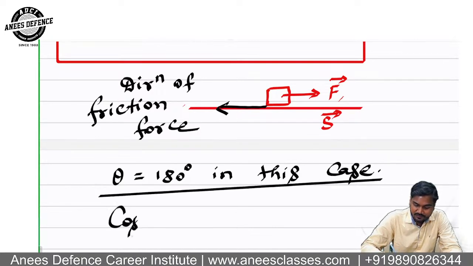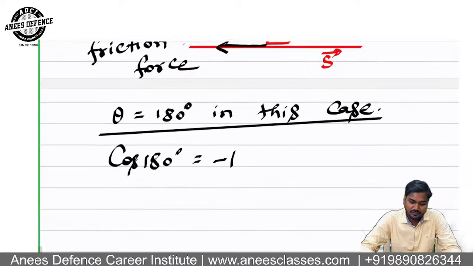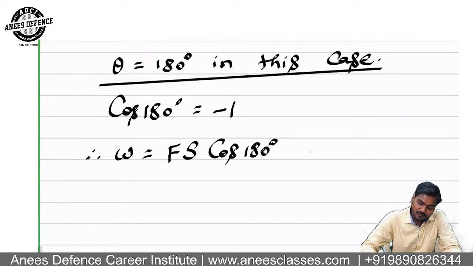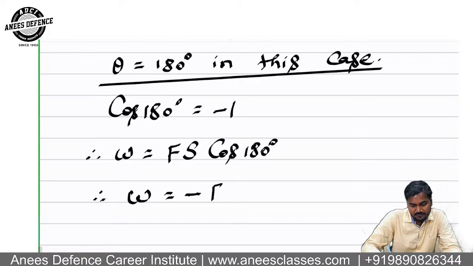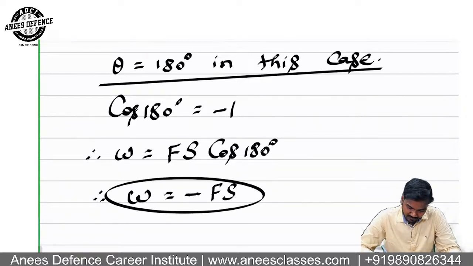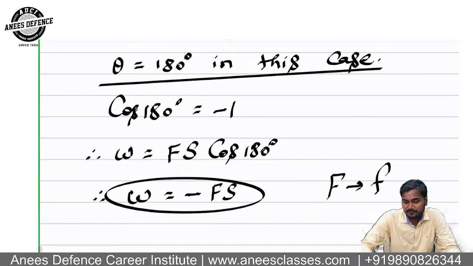Cos 180 is -1. Hence work is equal to minus F into s, which is the work done due to friction force. This F is nothing but friction force.